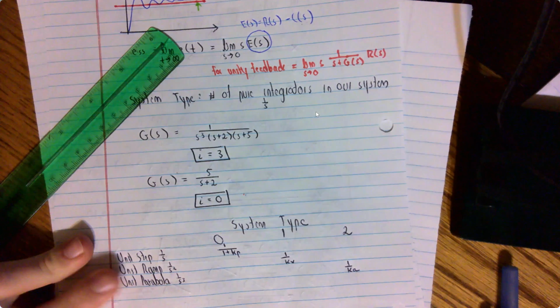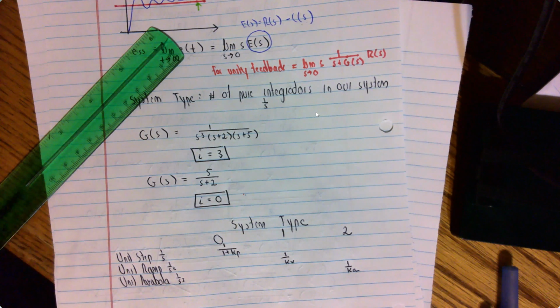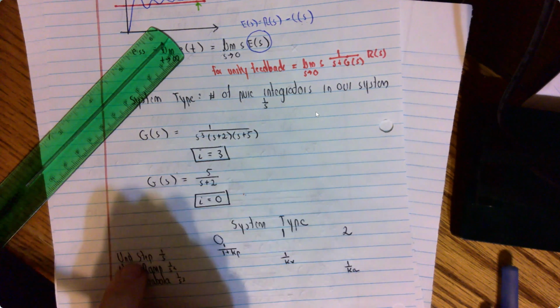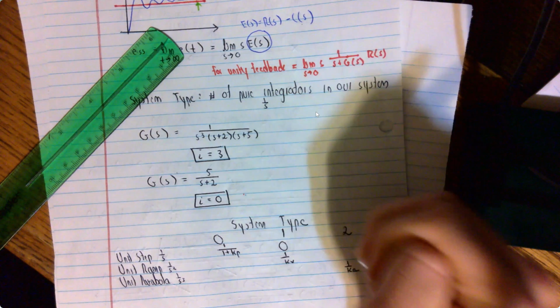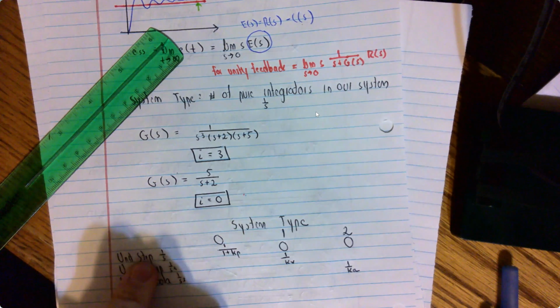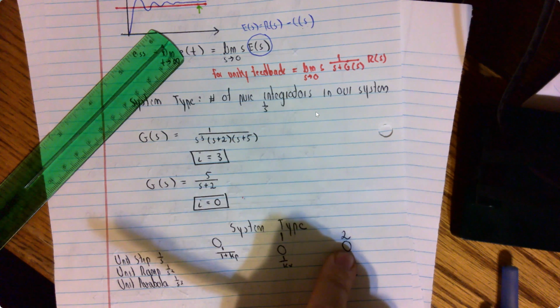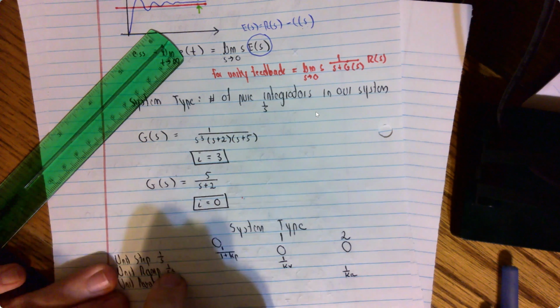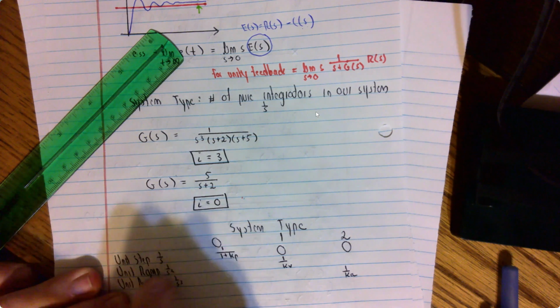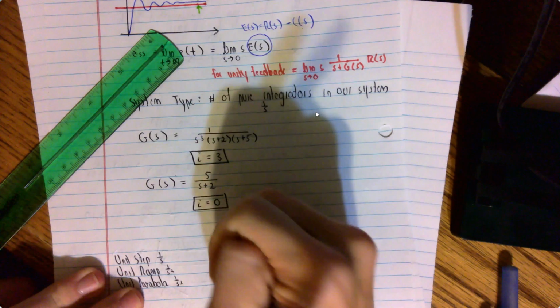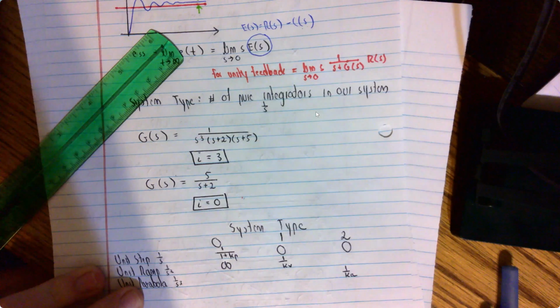And so here what we're going to notice, basically, is when you have 1 pure integrator, for unit step input, you're going to have 0 steady state error. When you have 2 pure integrators for unit step input, you're going to have 0 steady state error. But for your unit ramp, when you have 0 pure integrators within your system, you're going to have infinite steady state error.